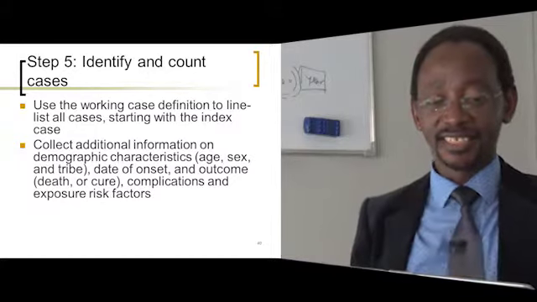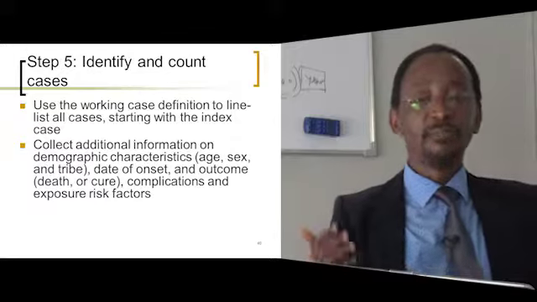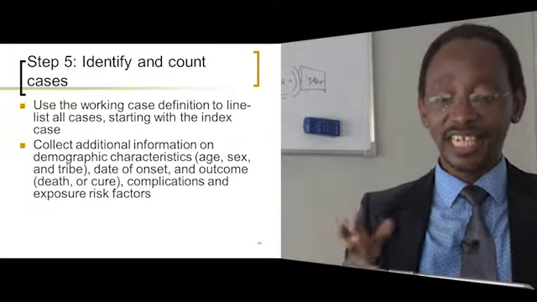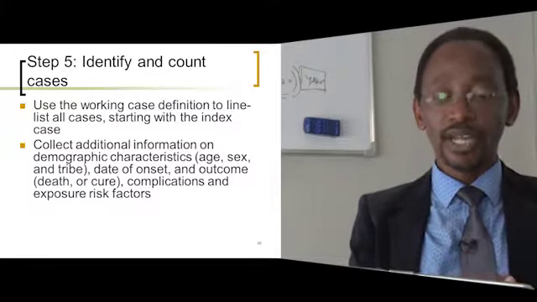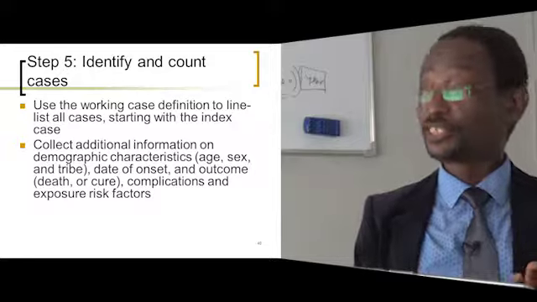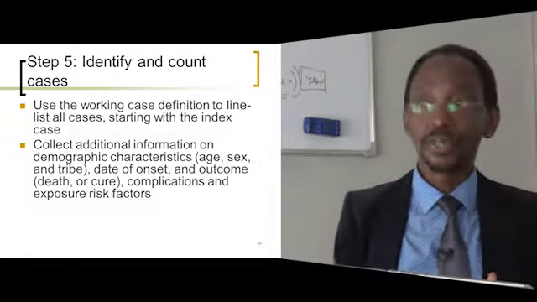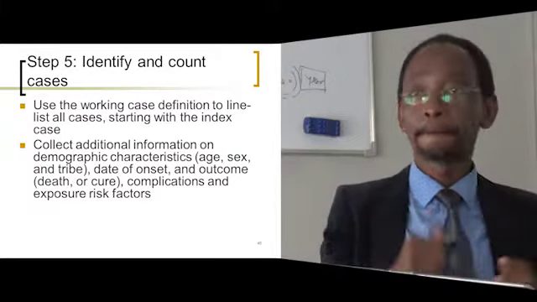So you use the working case definition and you start with the index case. Look for cases. But also we usually collect additional information on each case to help us characterize and describe the outbreak. We usually collect information on age. Age is very important because certain outbreaks attack certain ages. Nodding disease is mostly in young people.